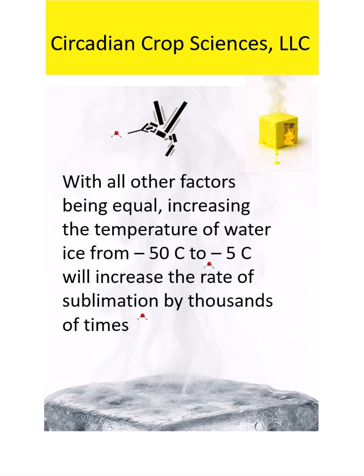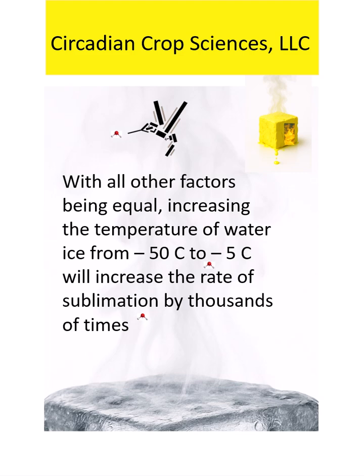With all other factors being equal, increasing the temperature of water ice from minus 50 degrees Celsius to minus 5 degrees Celsius will increase the rate of sublimation by thousands of times.